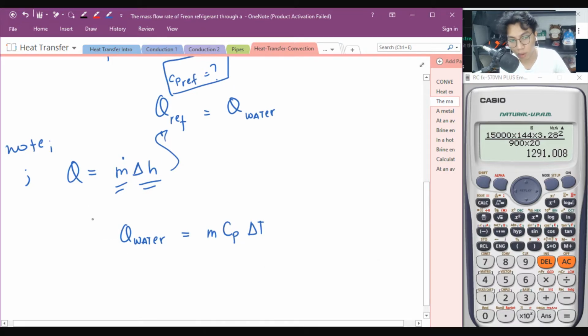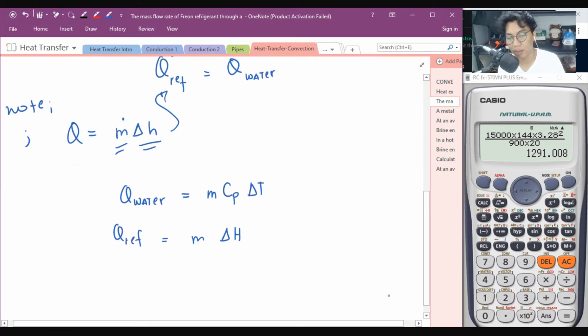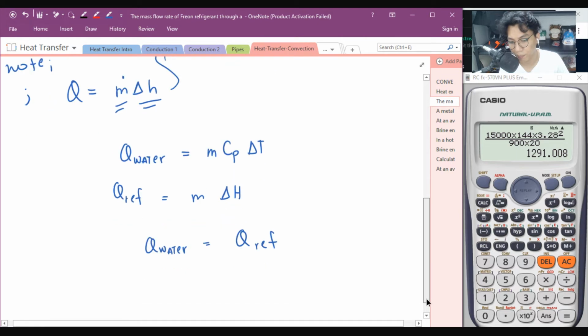And your refrigerant, that is M delta H. Okay? Now, mahahanap ba natin yung mass ng water? Yes. Lagay muna natin dito. Q ni water is equal to Q ng refrigerant.